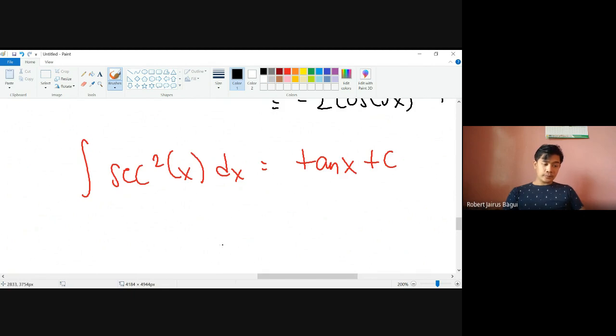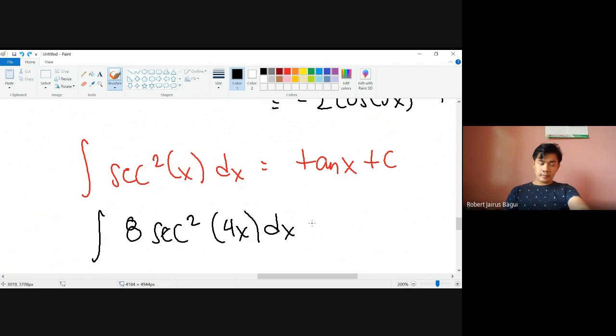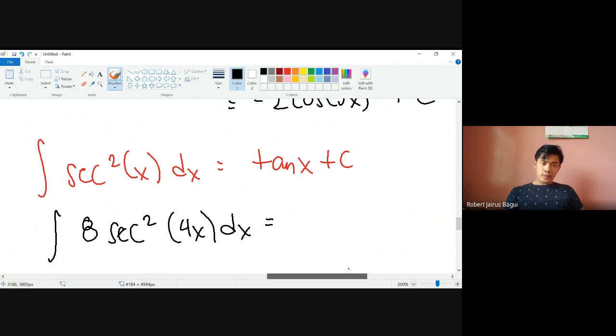Sample. Let's say, 8 secant squared 4x dx. Labas ko muna yun.